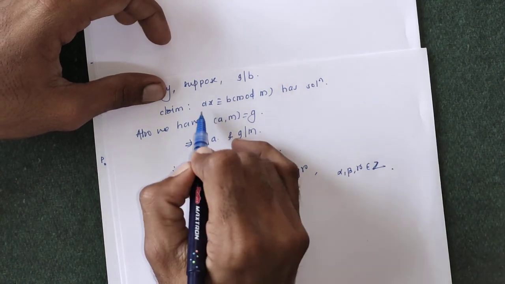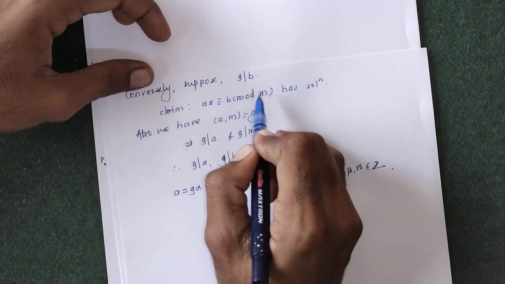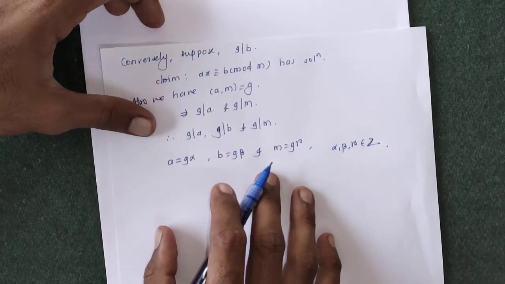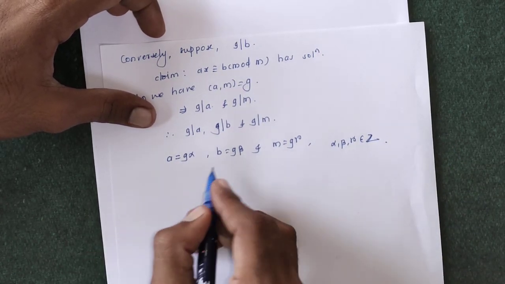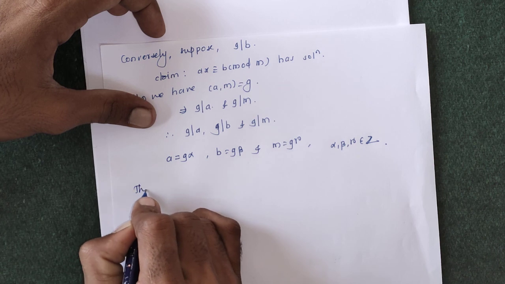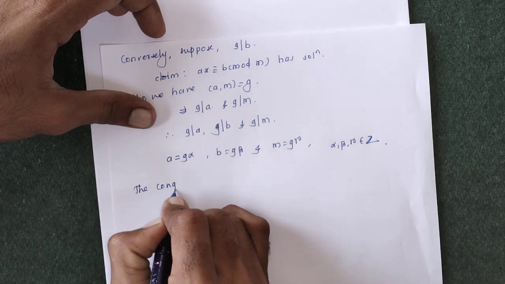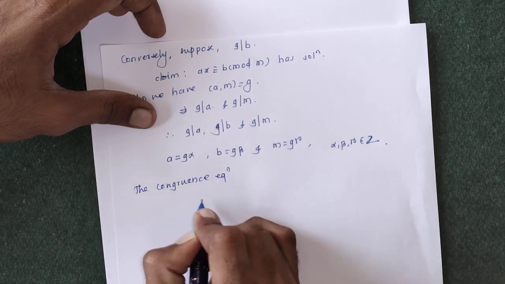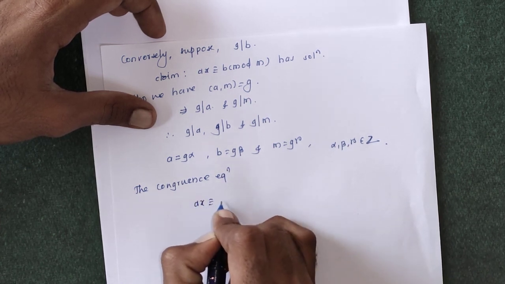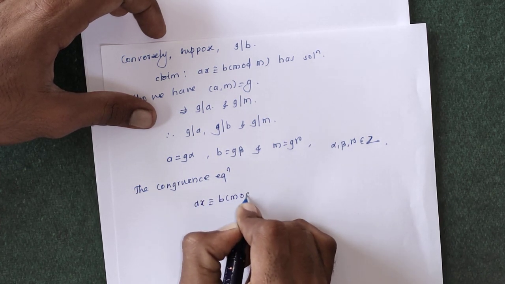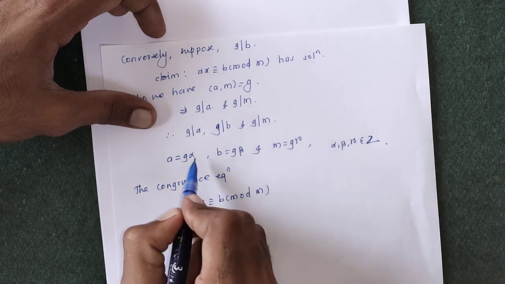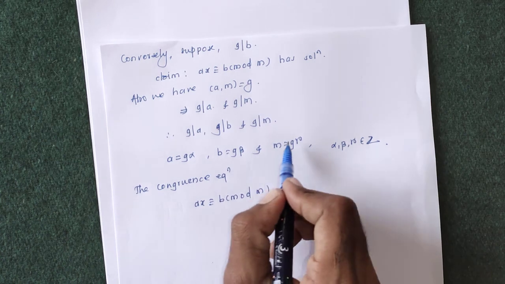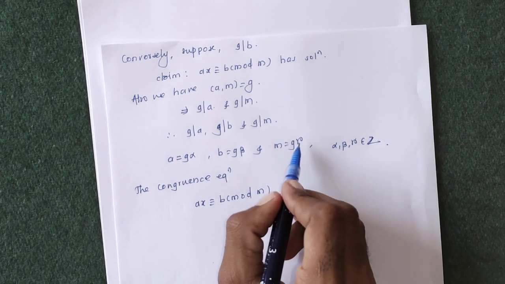Now consider this congruence Ax is congruent to B mod M, which we are going to prove has a solution. The congruence equation is Ax is congruent to B under modulo M. We have A is equal to G alpha, B is equal to G beta, and M is equal to G gamma.